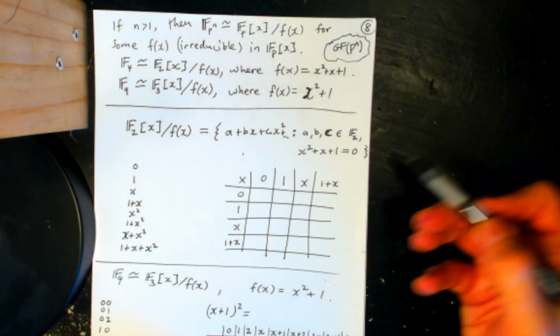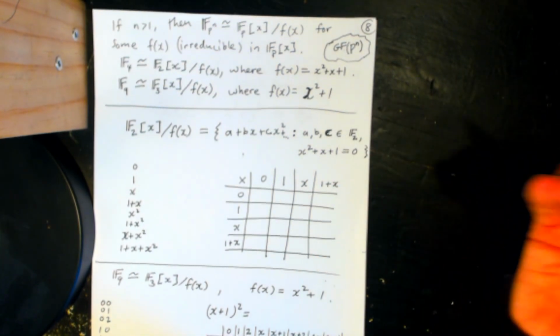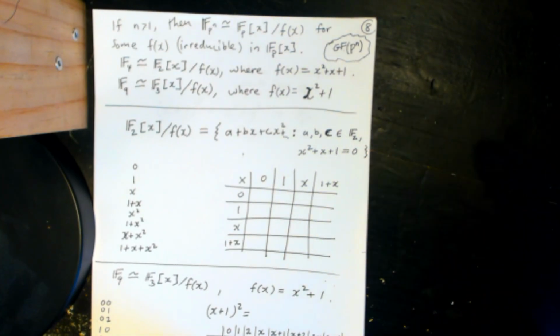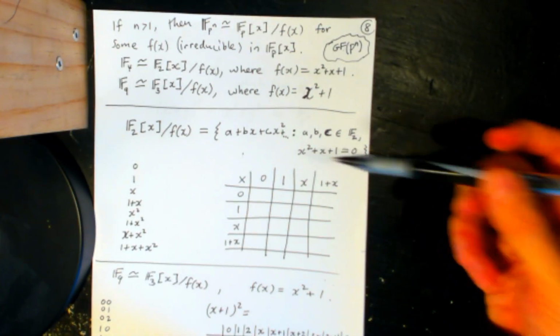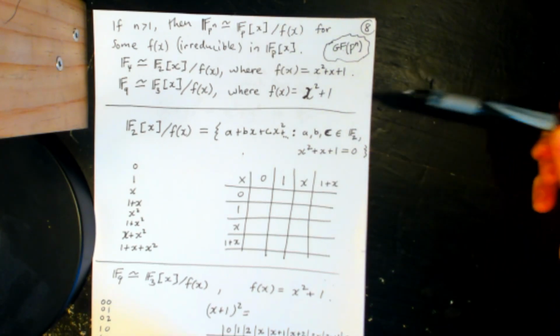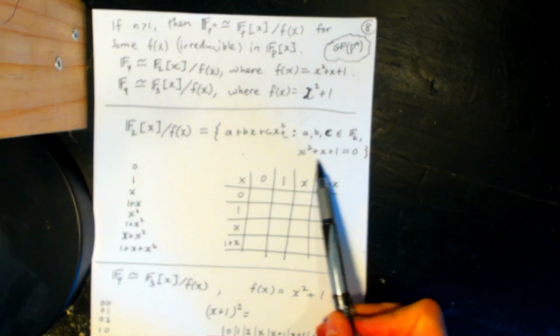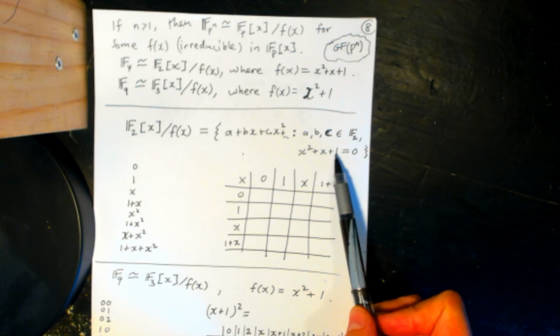So we can add multiples of this to reduce, just like, say, when you reduce modulo 12, think about 1500 hours. 1500 hours is the same as 3 p.m. So we're taking out multiples of 12 there. So just like this, we take out multiples of x squared plus x plus 1.